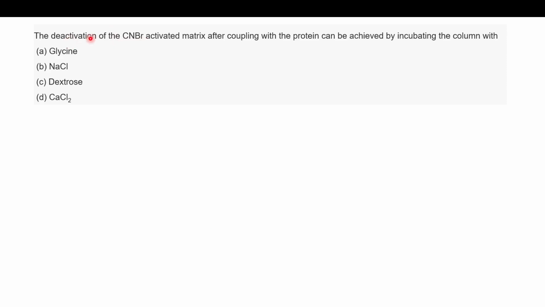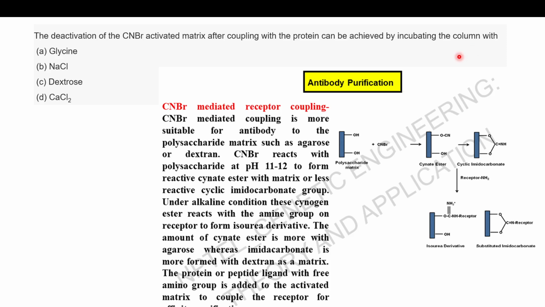Now, the deactivation of the CNBr activated matrix after coupling with the protein can be achieved by incubating the column with. So what happens here is, for antibody purification, this is your polysaccharide matrix. You give CNBr, it reacts with the polysaccharide at a pH 11 to 12, forming this cyanate ester. Okay. And then this cyanogen ester reacts with the amine group on the receptor to form isourea derivative, right?